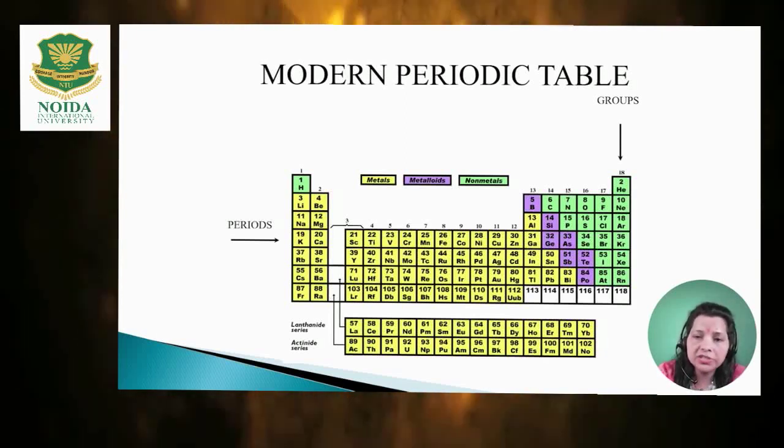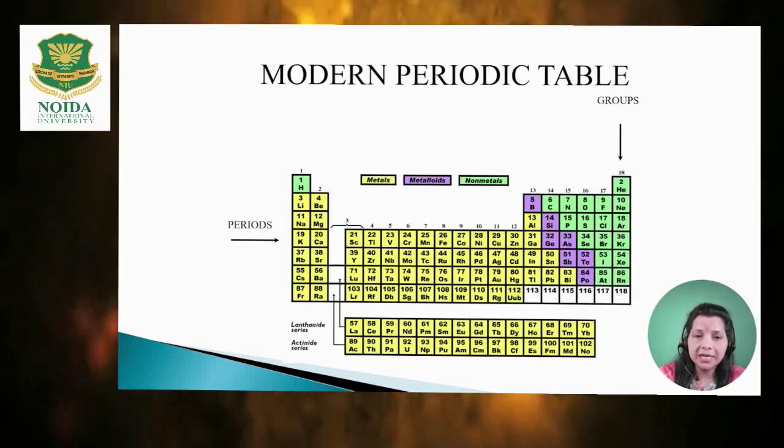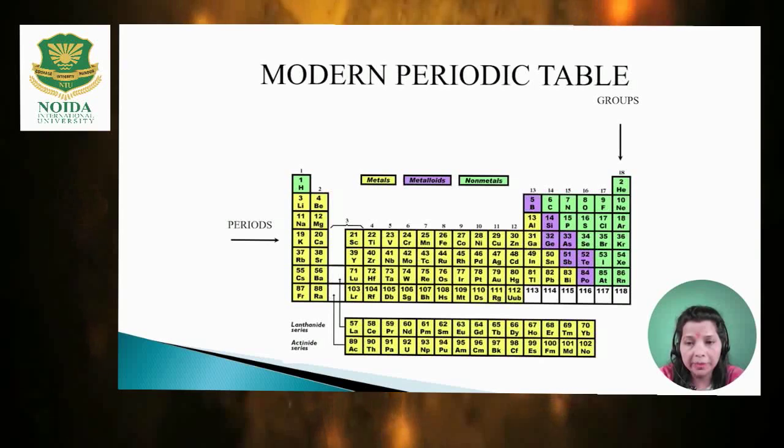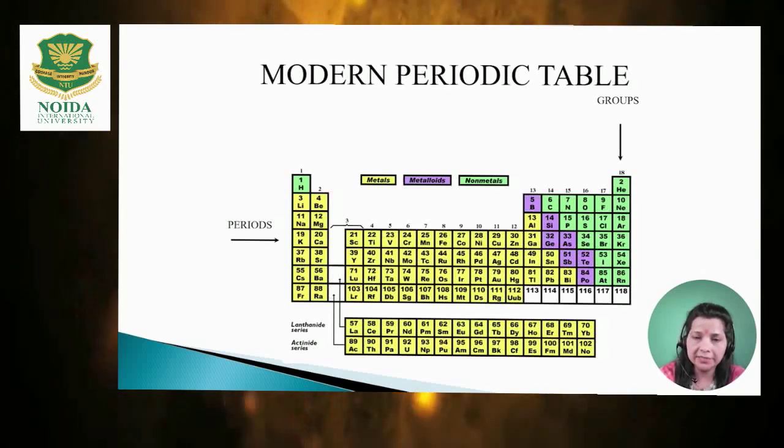Now how will you check what is a metal, which will work as a metalloid, which as a non-metal, and how will you distinguish these elements from each other on the basis of their properties? So in this module I will explain the properties by which you can correlate whether your element is a metal, non-metal or metalloid.